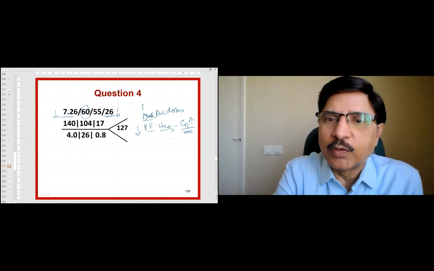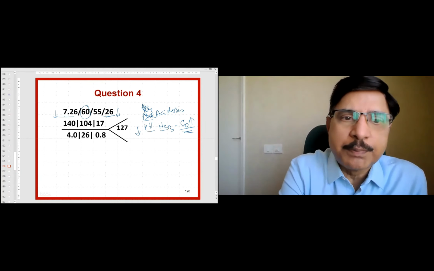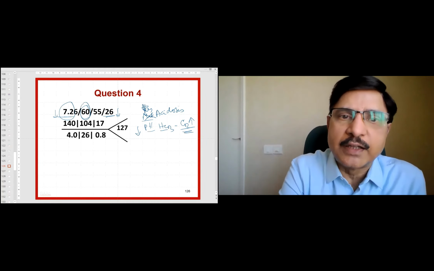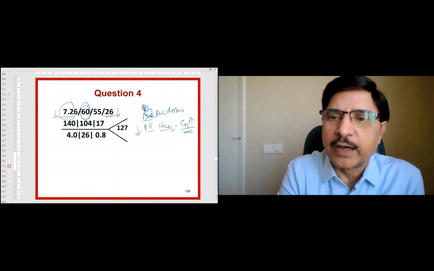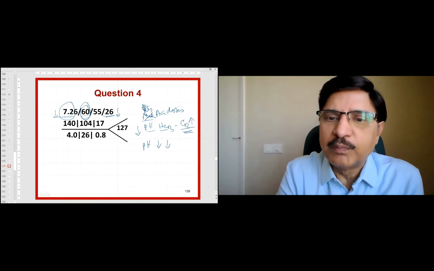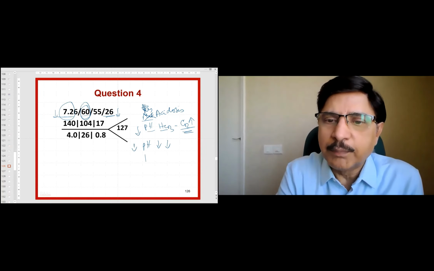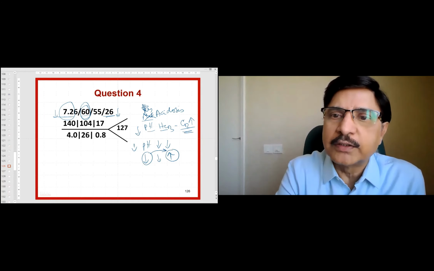So your inference of metabolic is gone because there is a respiratory acidosis. If it were to be metabolic, all the things will be down. But here pH is down, bicarbonate is down, but the carbon dioxide is up. The one going up will show you which side you have to look at. So it is respiratory.